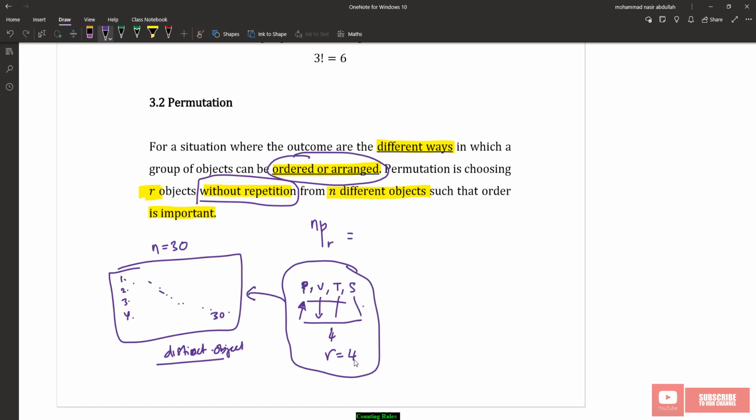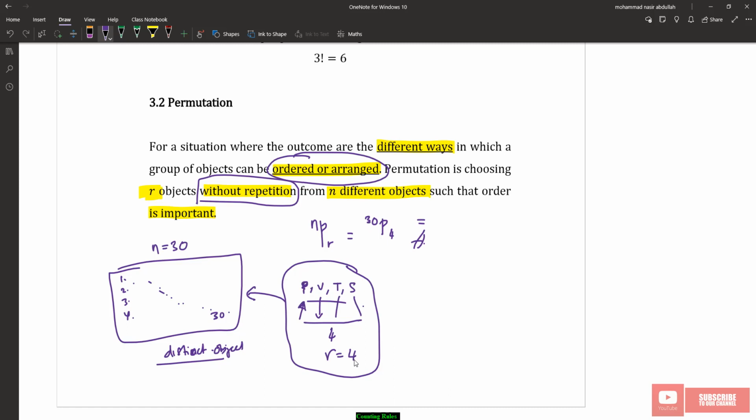right? So now to choose this, it is 30P4. So this is the formula. This is how we find the number of ways to choose 4 persons to form a committee out of 30 students. So use the calculator, click on 30, shift, division.